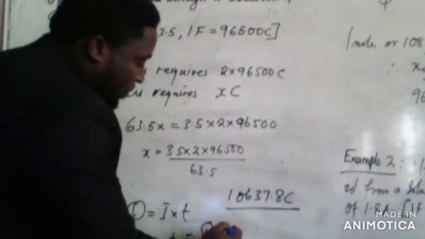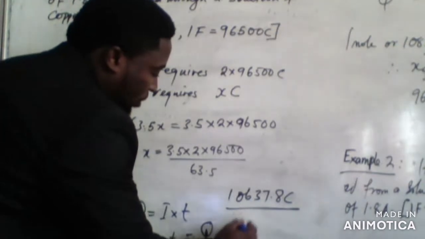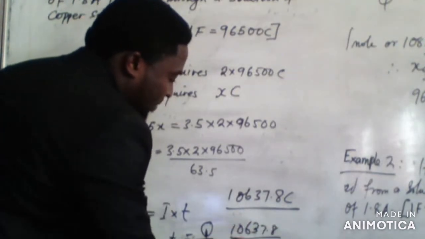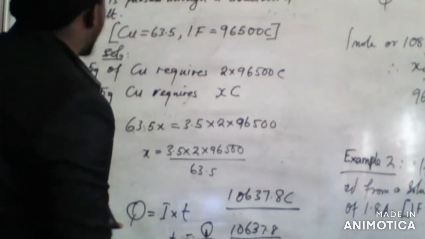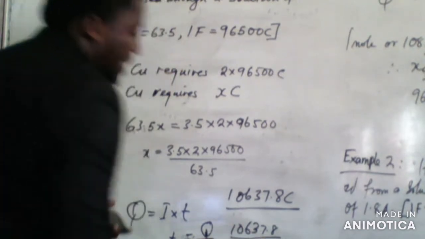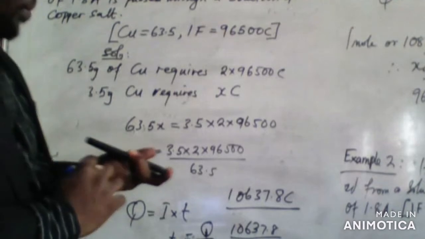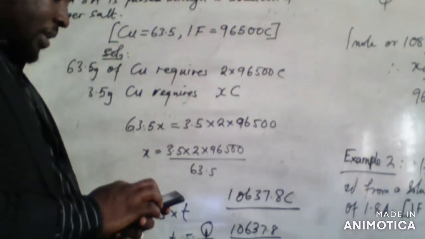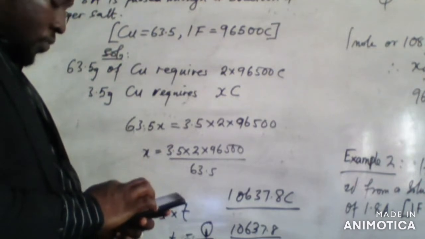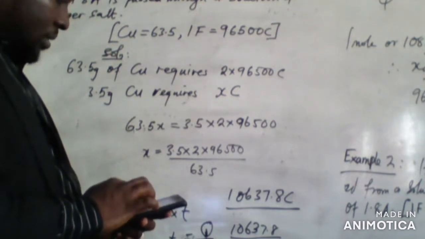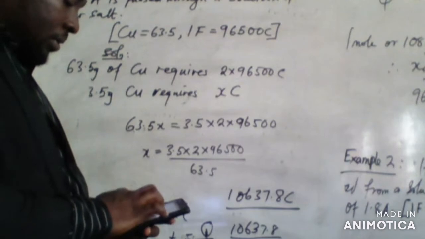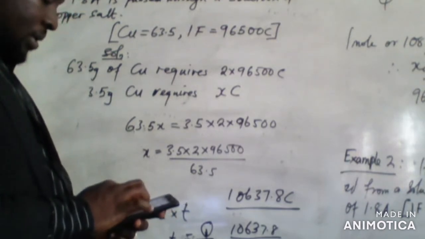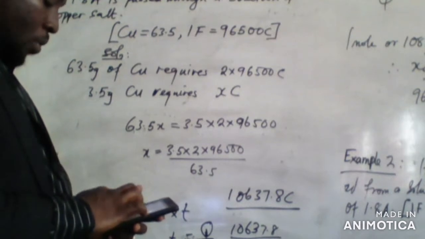So we have 10637.8 divided by the current supplied, and that current is 1.8 amperes. So I will engage my calculator again. So we have 10637.8 coulombs divided by 1.8.